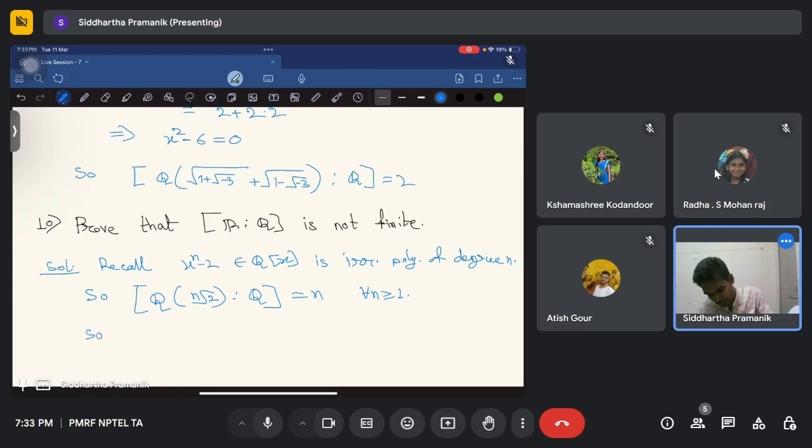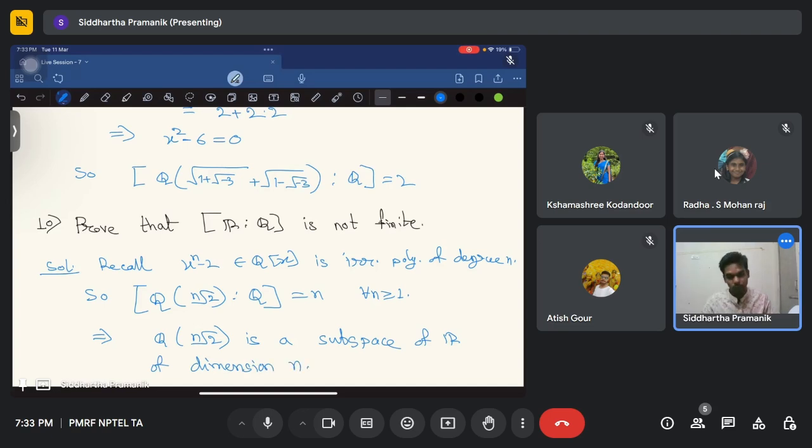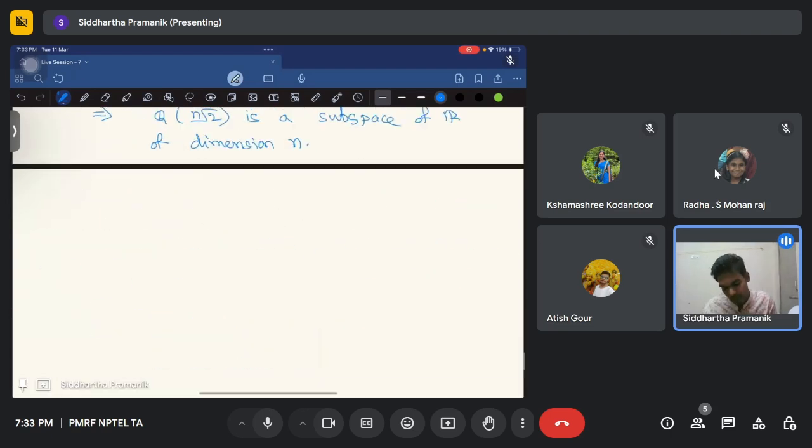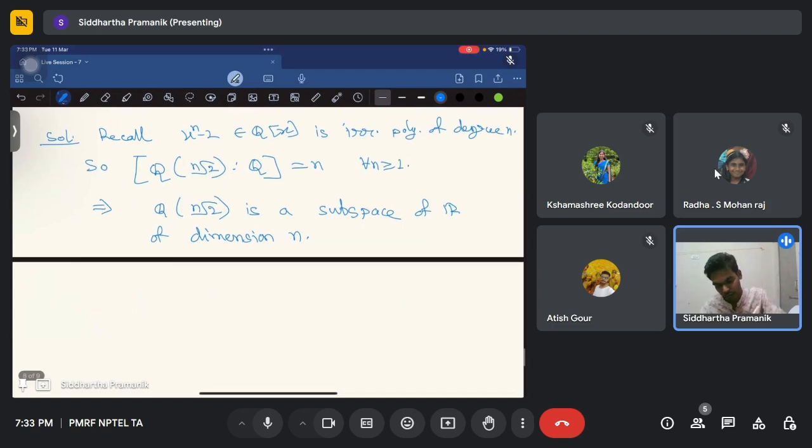So this implies Q of nth root of 2 is a subspace of R of dimension n. So you can take n arbitrarily large, right?